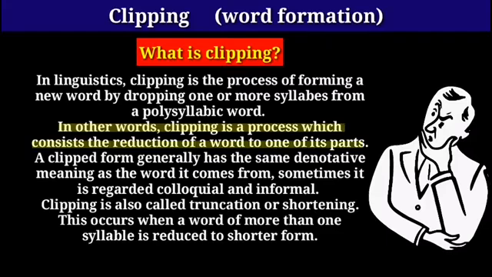A clipped form generally has the same denotative meaning as the word it comes from. Sometimes it is regarded as colloquial and informal. Clipping is also called truncation or shortening.